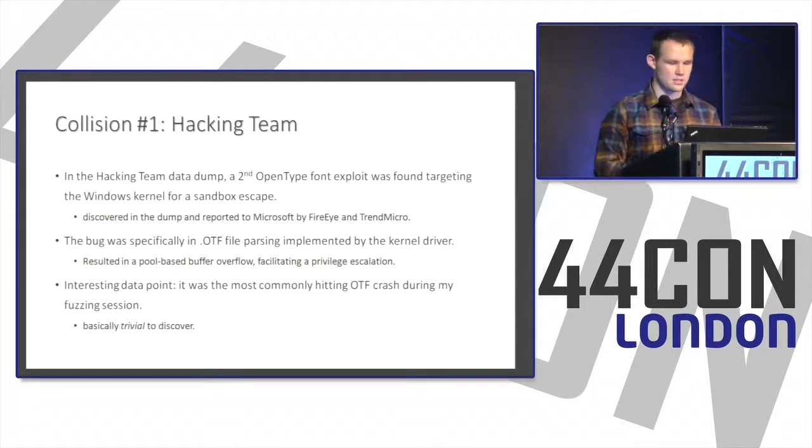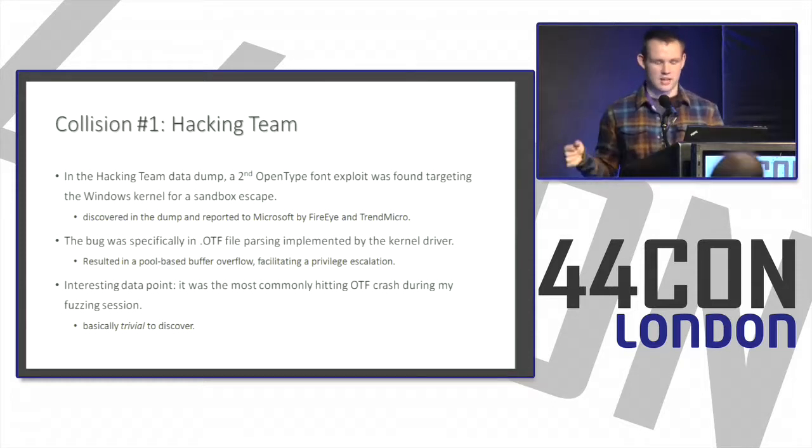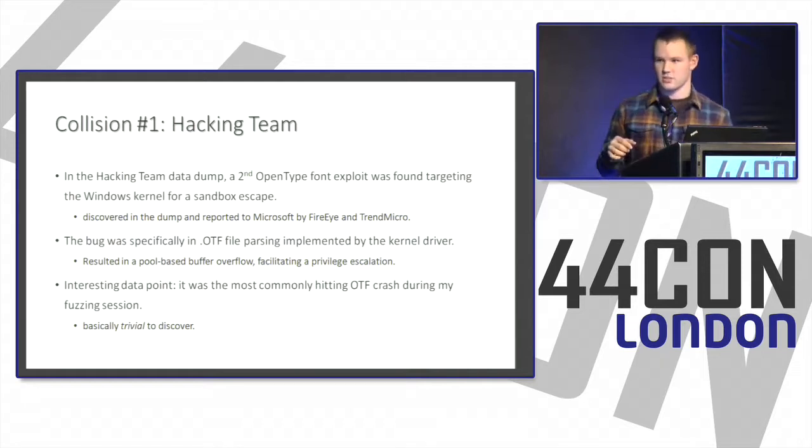They had been using the same OpenType exploit to escape the sandbox on Windows, which was discovered by the people also credited by Microsoft. It was specifically in the font parsing, because the first ATMFD bug that they used was in the interaction from user mode to kernel mode, but this one was in the parsing of the font, a pool-based buffer overflow, which they leveraged to get a privilege escalation.